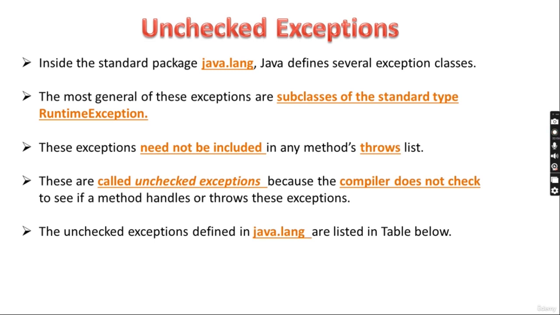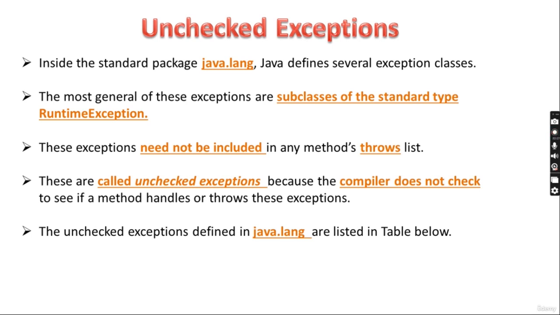Unchecked exceptions. Inside the standard package java.lang, Java defines several exception classes. The most general of these exceptions are subclasses of the standard type RuntimeException. Runtime exceptions need not be included in any method's throws list.